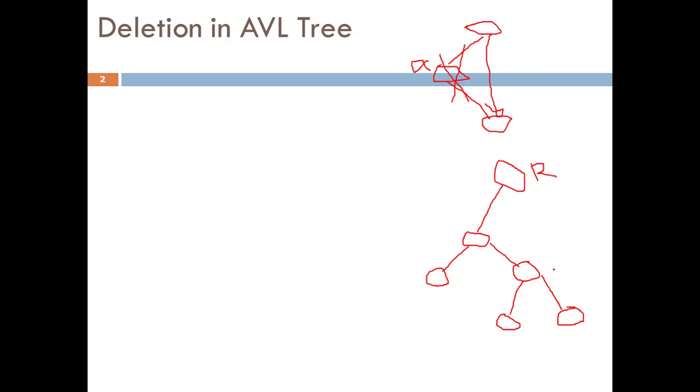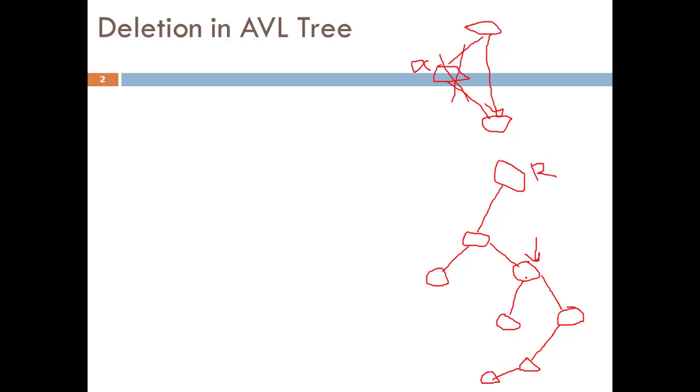If the node to be deleted is this one, then we see it has two children, and first we need to find its in order successor. So remember, this is the node which is to be deleted, and we find the in order successor of this particular node. For example, this has another node here and this has another node here.